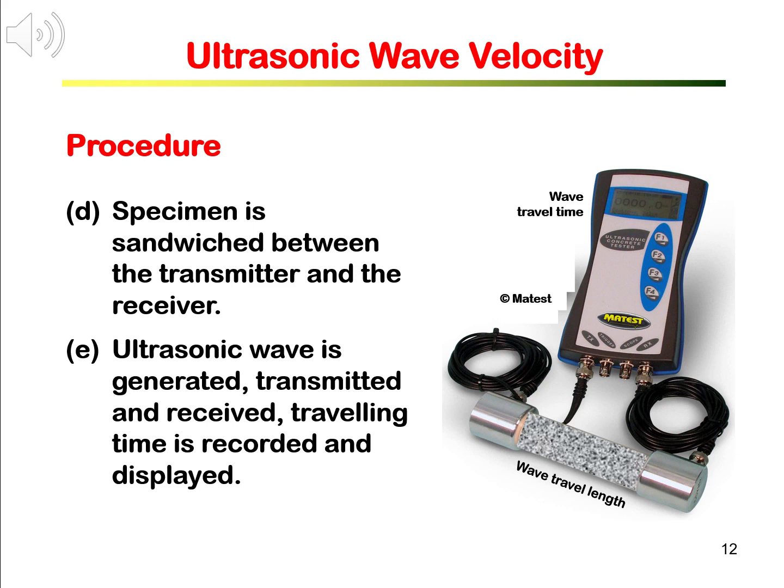Using the signal generator and display unit, you can generate the ultrasonic pulse wave. The wave is then transmitted through the rock specimen and received at the other end. The traveling time is recorded and displayed by the signal generator and display unit on the top.